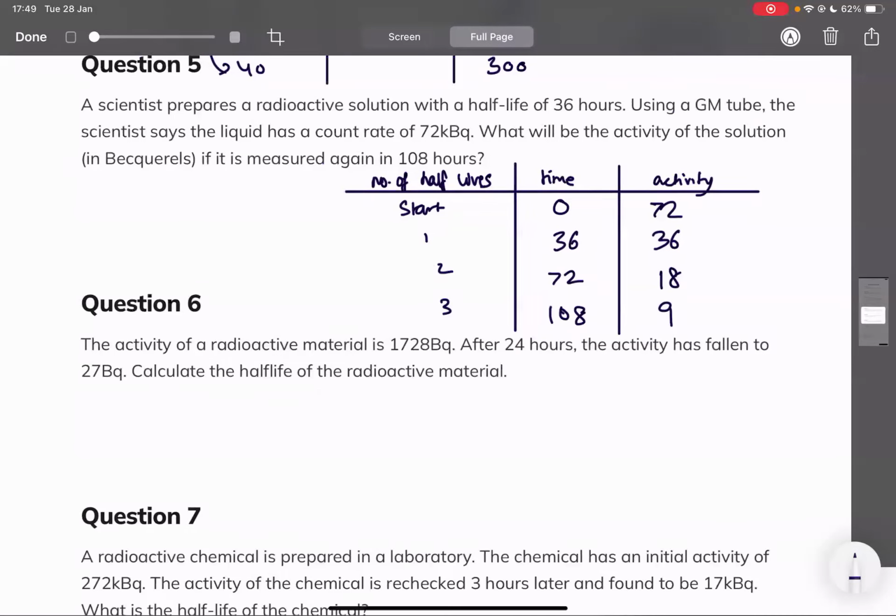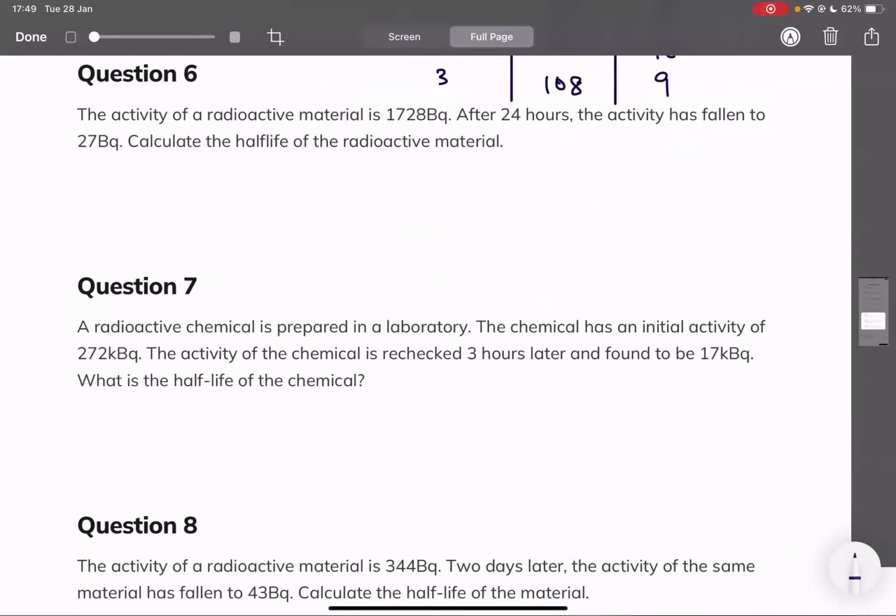Good. Question six. I've got the number of half-lives at different times and the activity at these different times. It started off at 1,728. Maybe I might not do a table, but let's try it anyway.